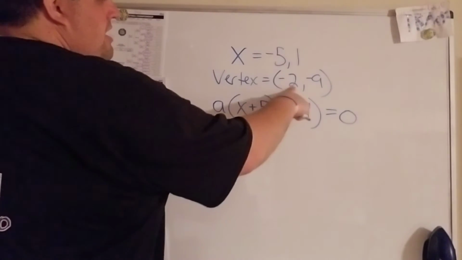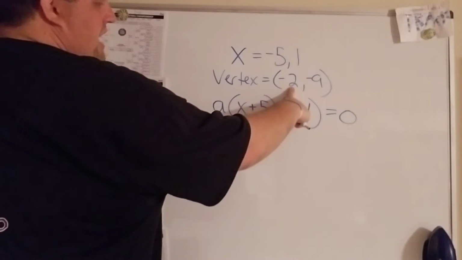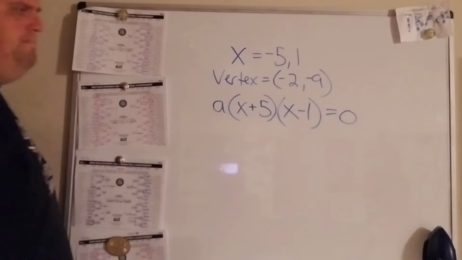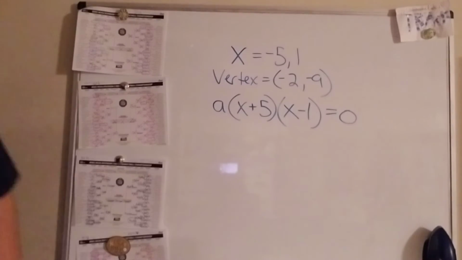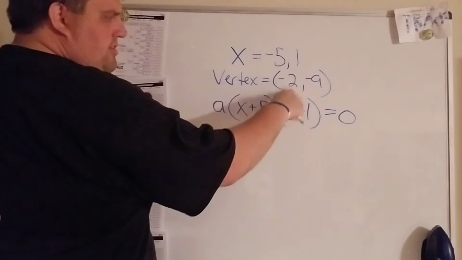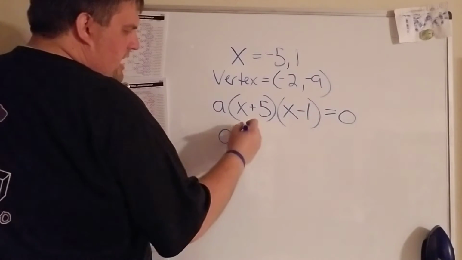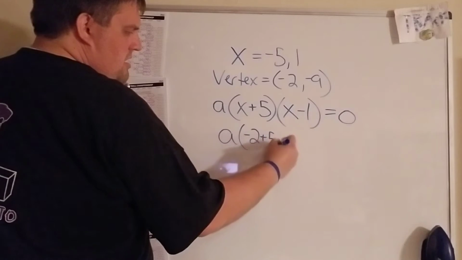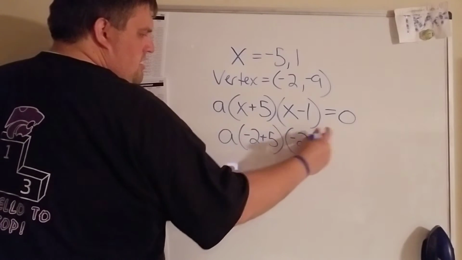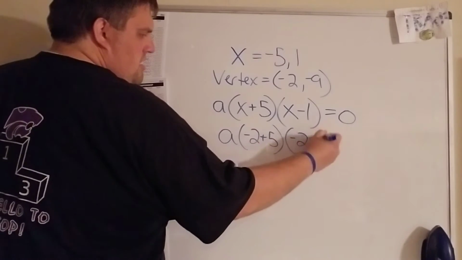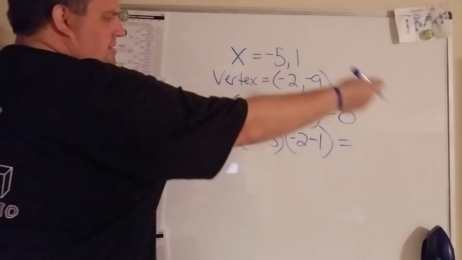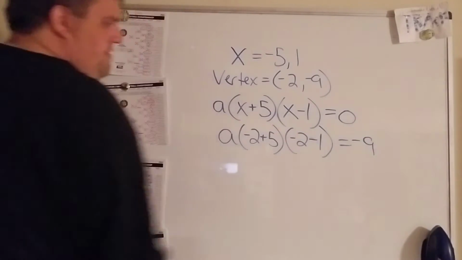Cool. So now, what do we actually know about this function? Well, we know that if I plug in -2 for x, I have to get out -9. So I'm going to take this -2 and plug it in here and here. And then I know that when I do that, my answer on the other side turns into -9.